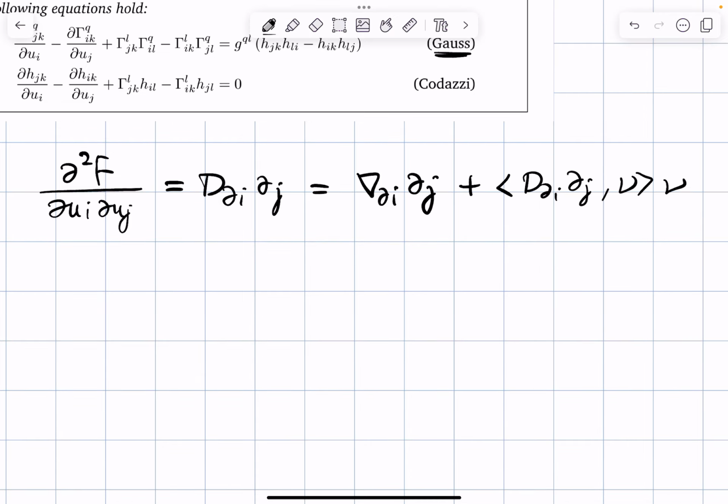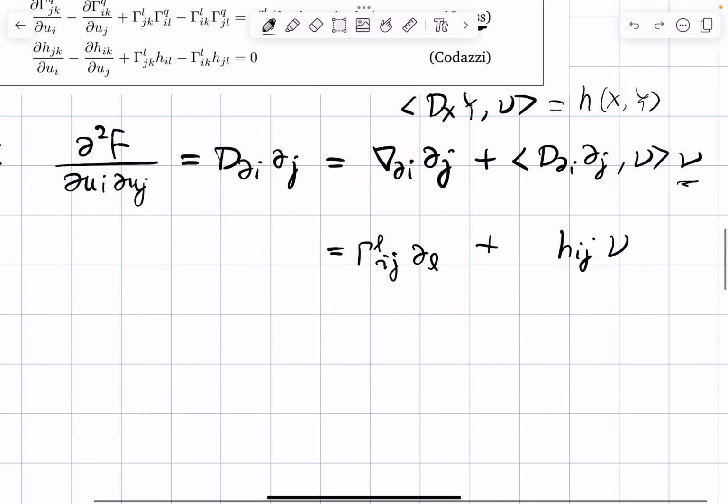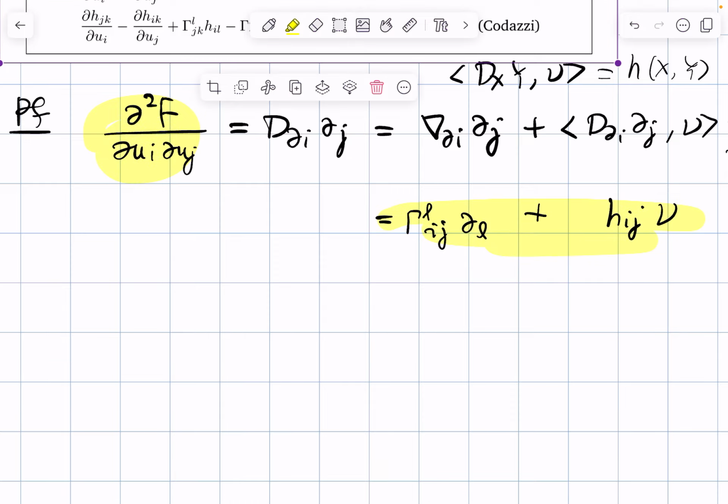And in the homework we have proved that dxy ν is actually hxy. So this term is actually hij ν. And the first term by definition is just gamma, and gamma is defined as coefficients for that. So we now have this formula, which is going to be used repeatedly in our proof.